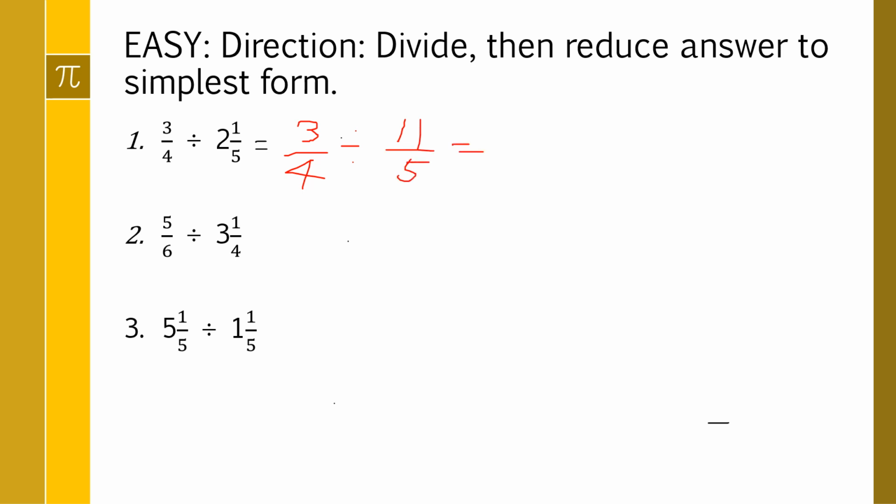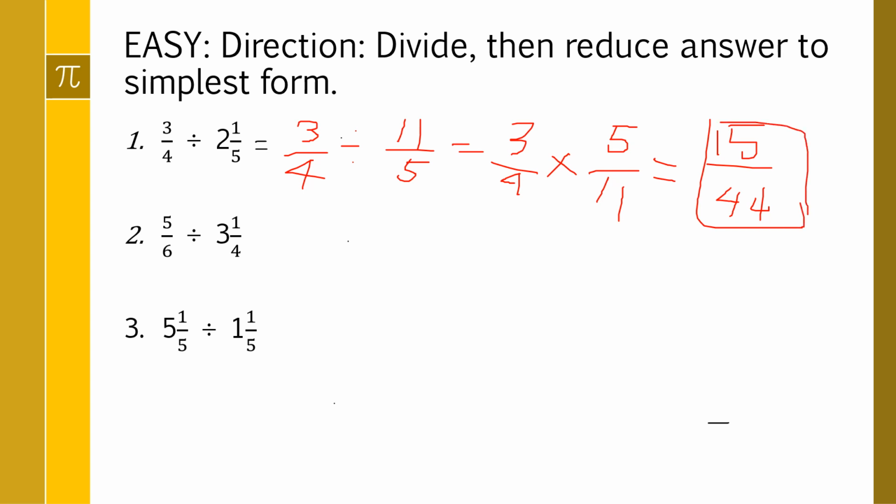Equals, copy 3/4, change the operation, and get the reciprocal, that will be 5 over 11. Since we have nothing to cancel, we multiply straight across. 3 times 5 is 15, and 4 times 11 is 44. So this is our final answer.